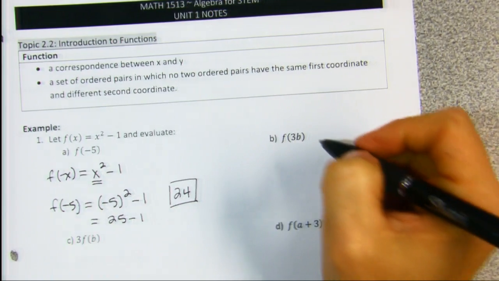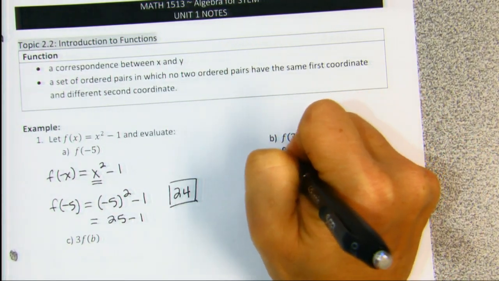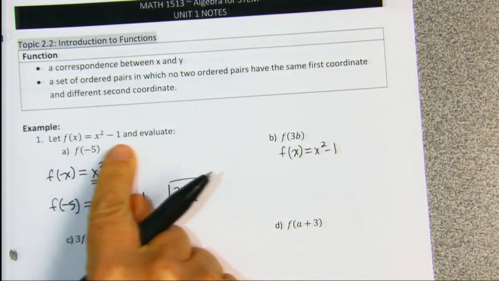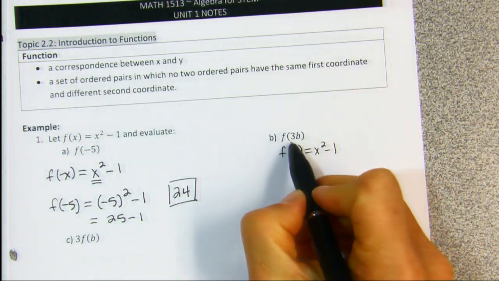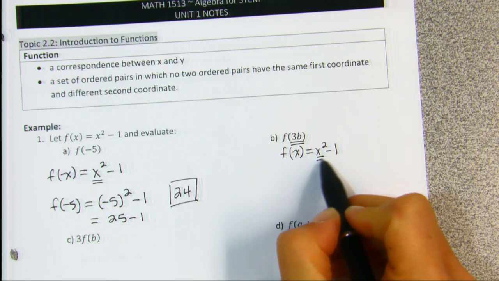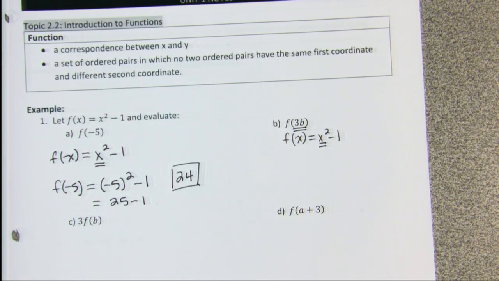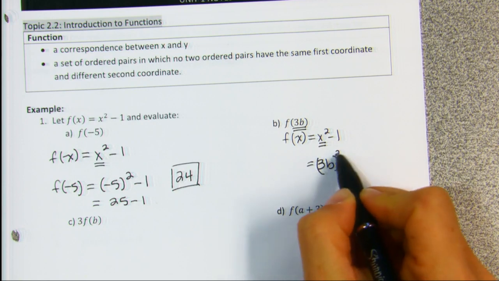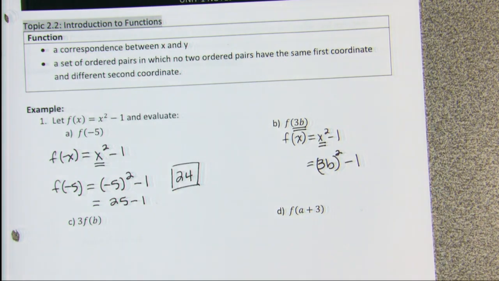Well again, if we have the function of x equals x squared minus 1, that's what we're working with, that same function. If I'm saying let's plug 3b in for x, that's what's going right there. So we have 3b in parentheses squared minus 1.